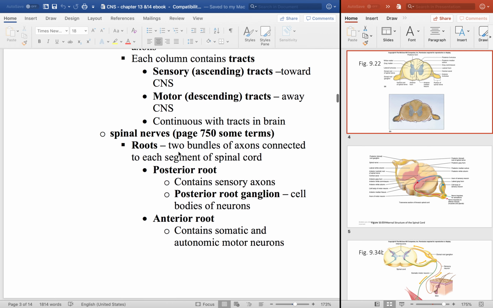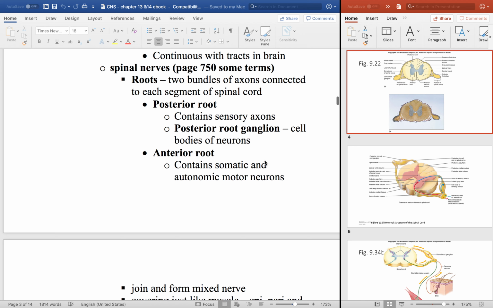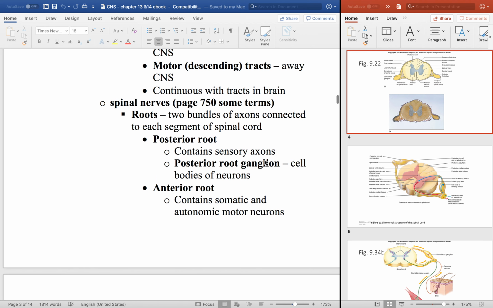We also have the roots. I'm going to go ahead and show you that. Whenever we talk about the roots themselves, there's two bundles of axons connected to each segment of the spinal cord. There's one over here and one over here. Okay. There's a posterior root that goes to the posterior gray horn. There's also a posterior root ganglion.